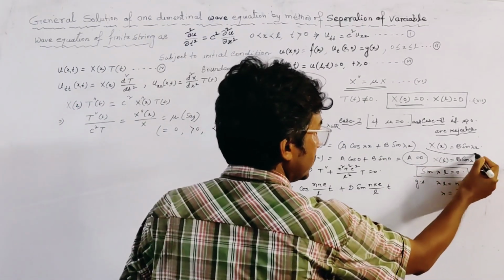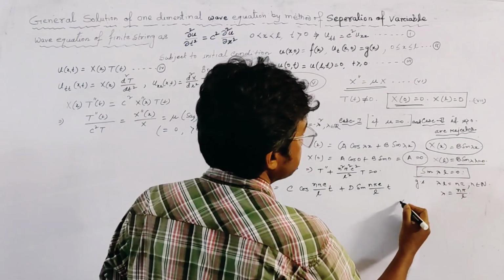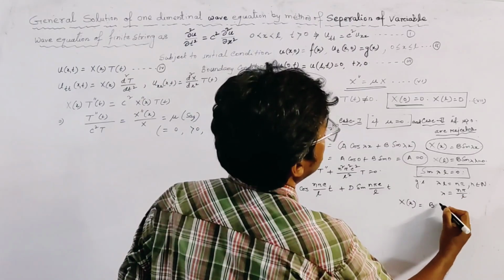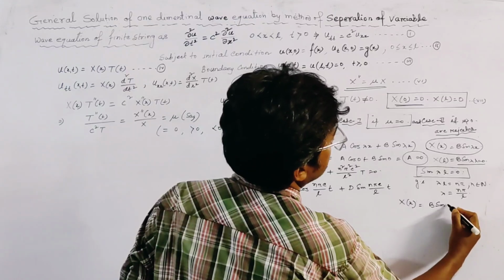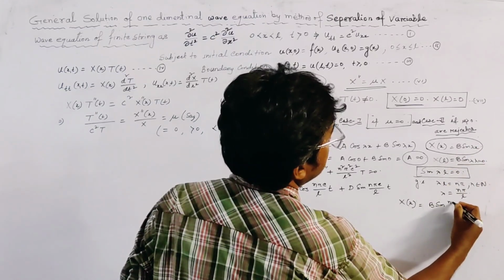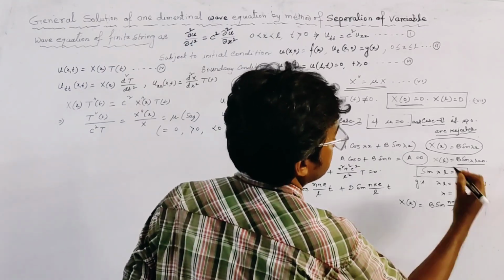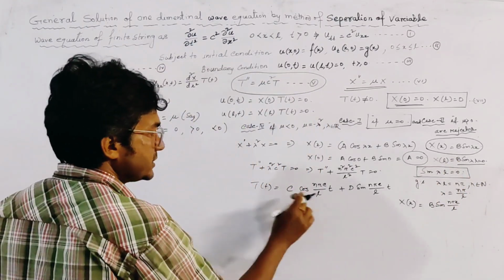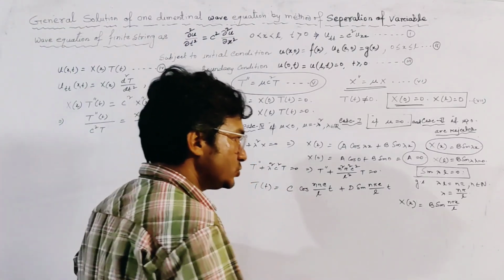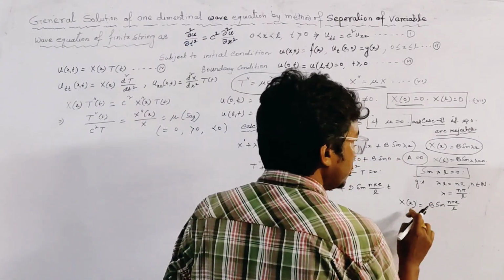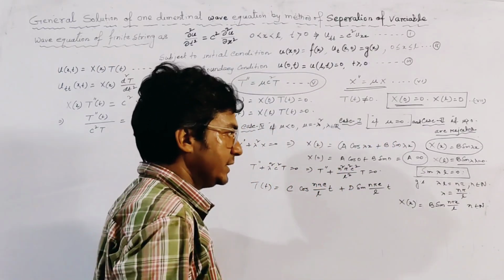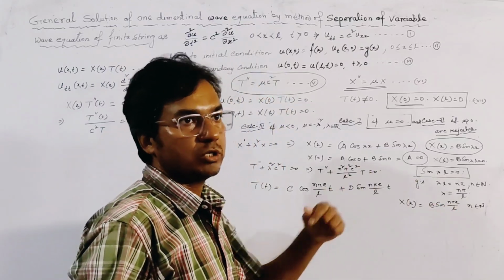Now from here we get the solution X(x) given by b sin(lambda x). We put the value of lambda here and get n pi x by L. And from this relation we also get the value of T. Since we get this value of X for n belongs to capital N, it looks like a sequential solution.